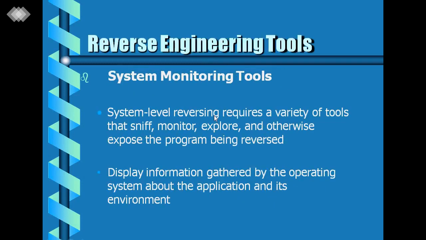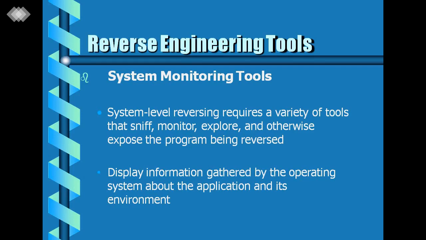Now next are the reverse engineering tools. Here are some tools used in reverse engineering. First is the system monitoring tool. The system level requires a variety of tools that sniff, monitor, explore, and otherwise expose the program being reversed.